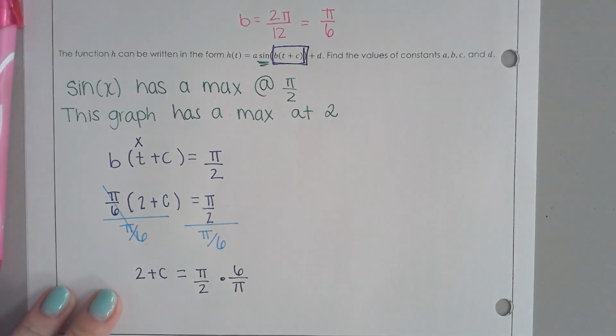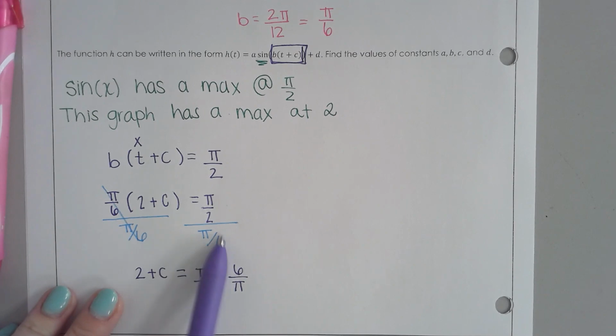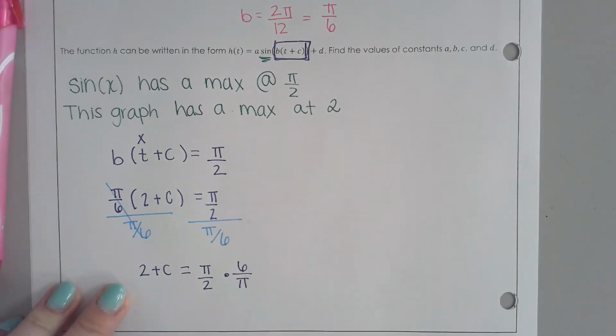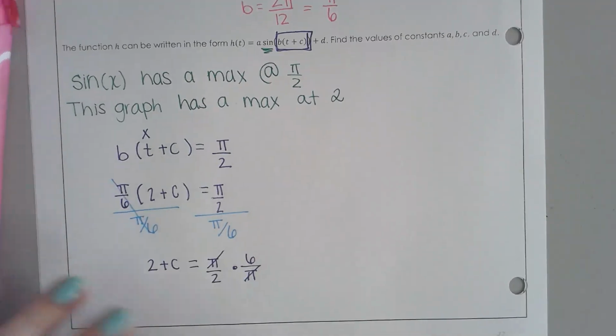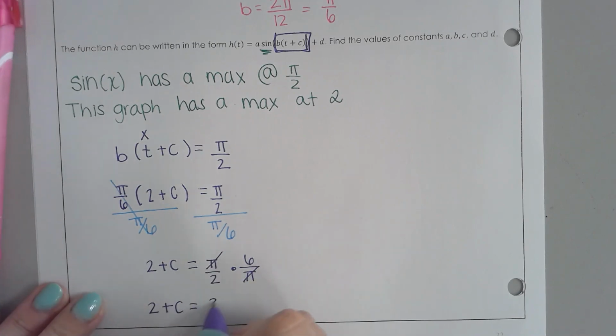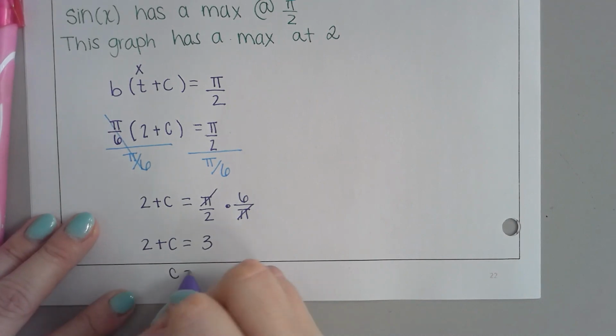Keep, change, flip. So dividing by pi over 6 is the same thing as multiplying by 6 over pi. And so your pi's cancel. 2 plus c equals 6 over 2 is 3. So c equals 1.